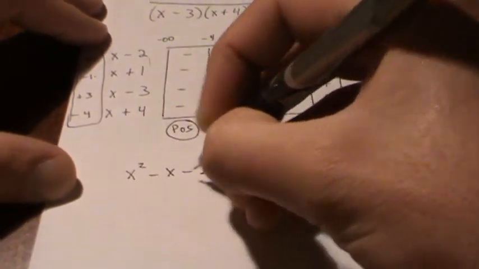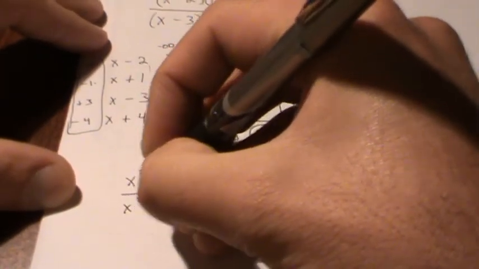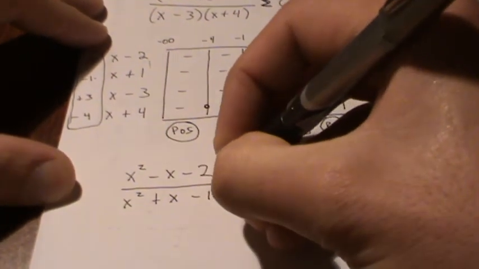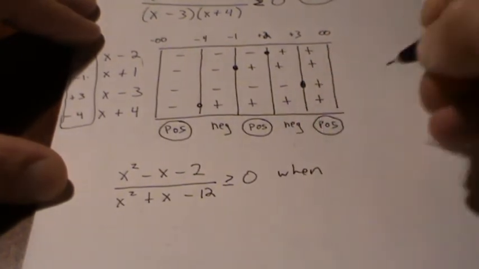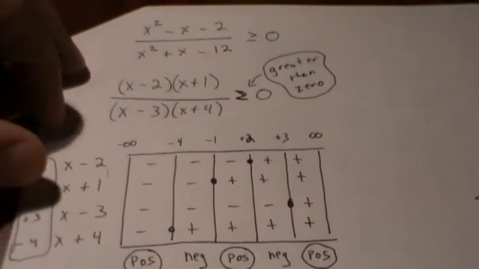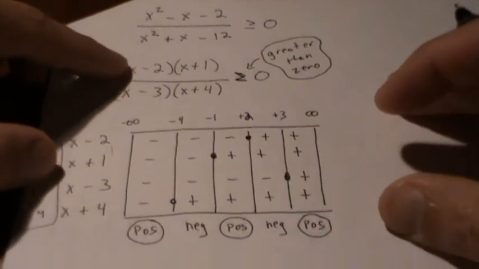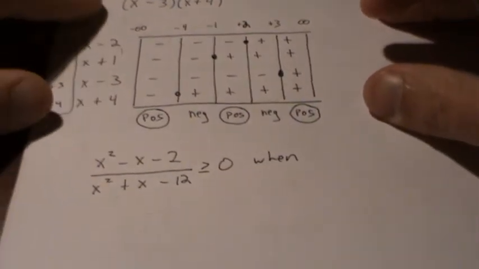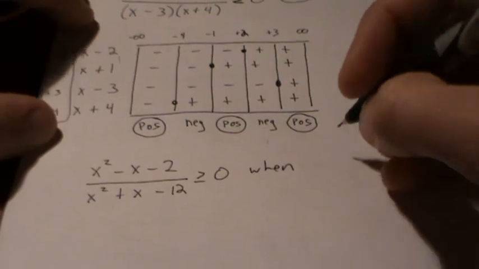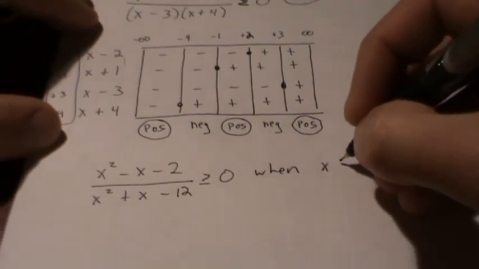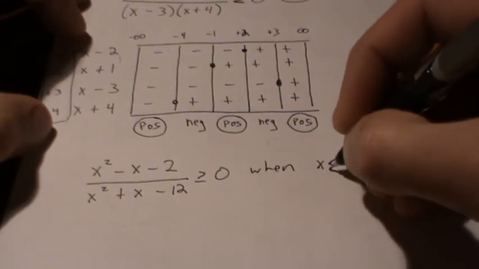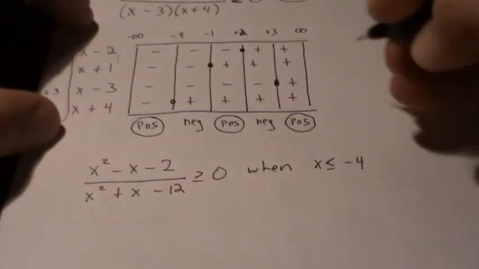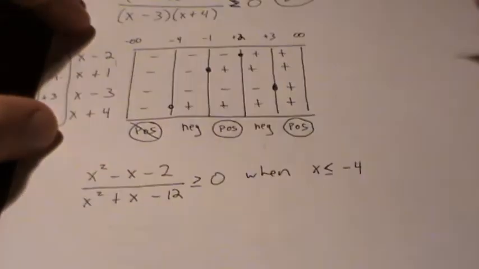So x squared minus x minus 2 over x squared plus x minus 12 is greater than or equal to 0 when, I just wrote down my original equation, when x is less than or equal to negative 4. That's this.